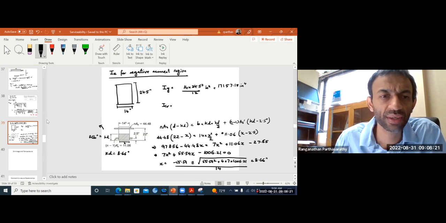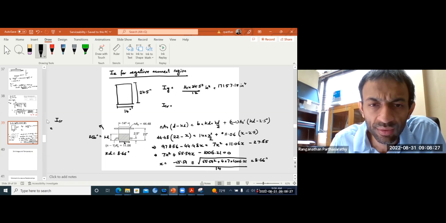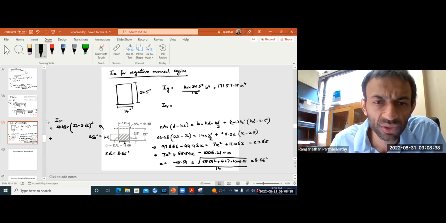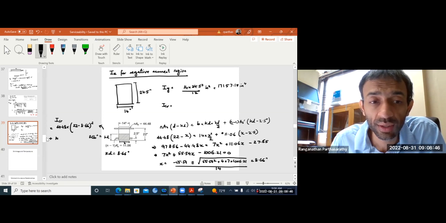So let's calculate our I cracked. You have your 44.48 times D minus KD square plus you have your 14 times 8.66 cube by 3 plus you have your 11.06 times 8.66 minus 2.5 square.